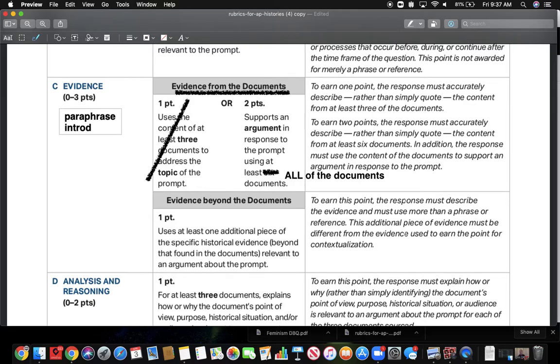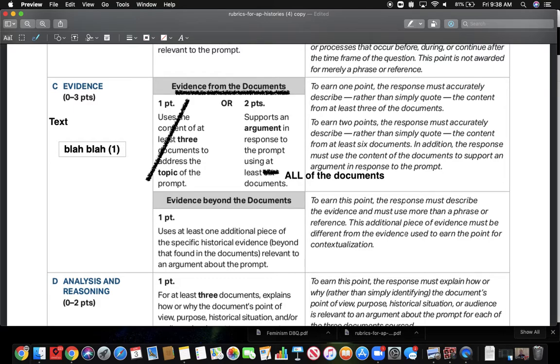You're going to introduce and cite the document by simply using the phrasing "in Doc 1," or "Document 1 states," or you're going to write your evidence and just cite it with a parenthetical "(Doc 1)."